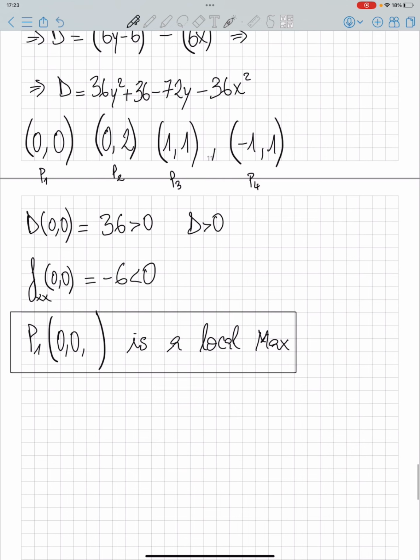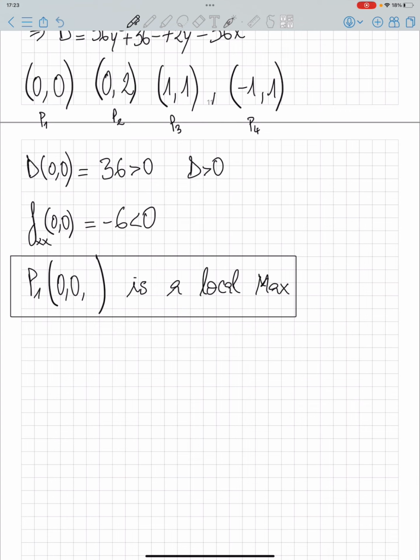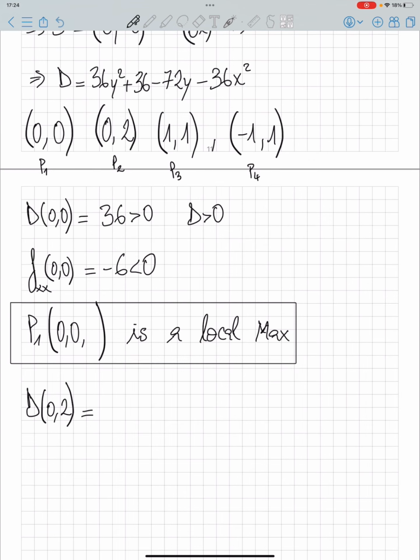Now we need to do the same for all the critical points we have. So now the second point was 0, 2. So D(0, 2), if we substitute into our D here, is going to be 36 times 2 squared, which is 4, plus 36 minus 72 times 2, right?